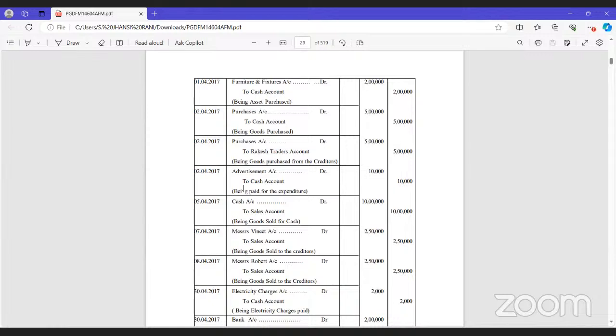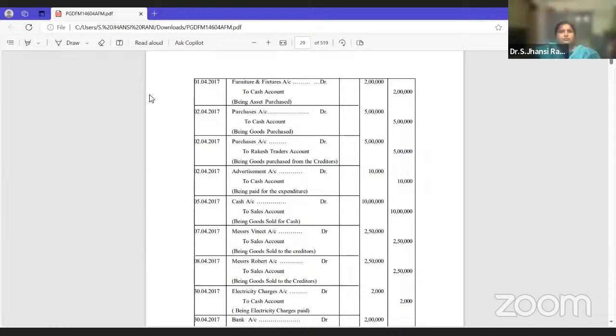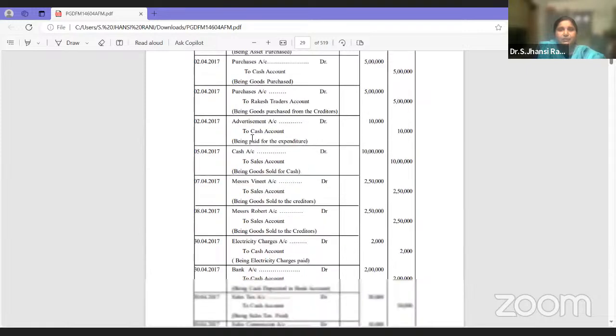So we come across the term cash n number of times. Now the ledger will help us find out at a time what is the balance of cash available with us. We will summarize these journal entries in the form of a ledger.